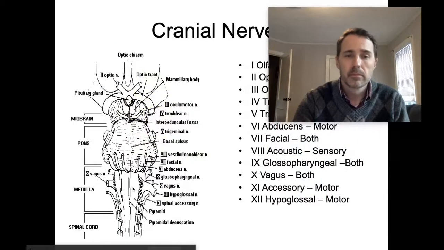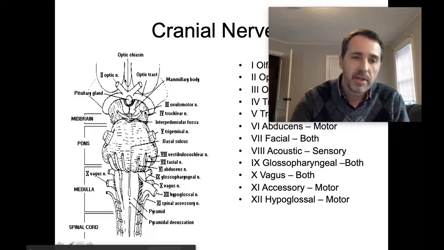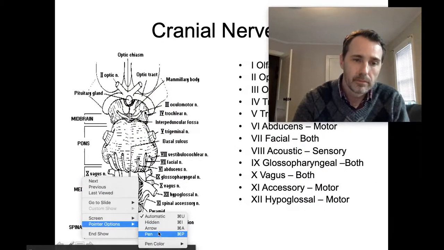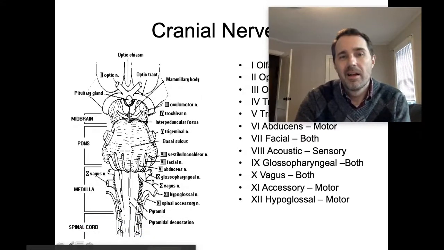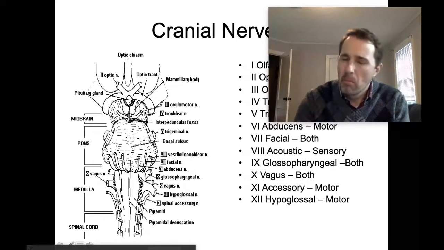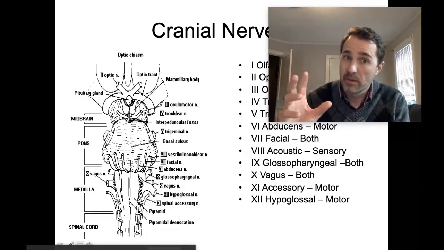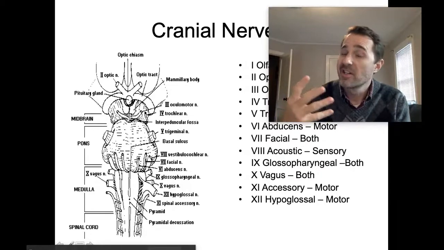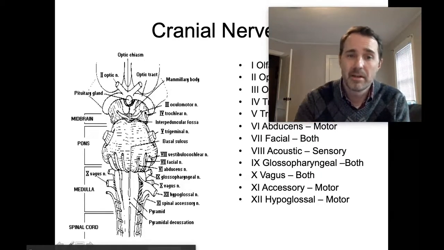So, here is a picture of the brainstem. Most of the portions of the peripheral nervous system that service the head and the neck, meaning the cranial nerves, connect to the central nervous system at the brainstem.